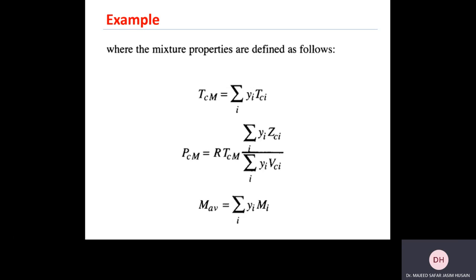PCM, you can get from this equation, which is R TCM multiplied by Yi multiplied by Z. This Z, if you remember from thermodynamics, is the compressibility factor. And the molecular weight is basically the mole fraction multiplied by the molecular weight of each component.